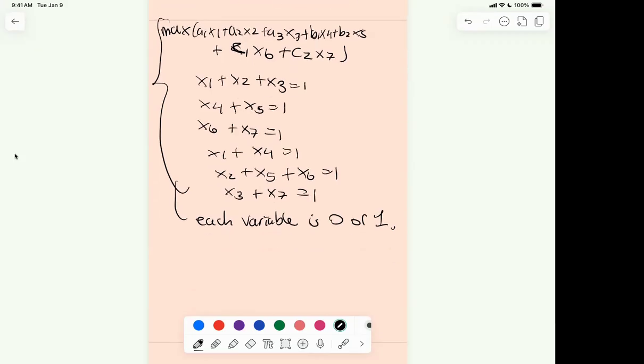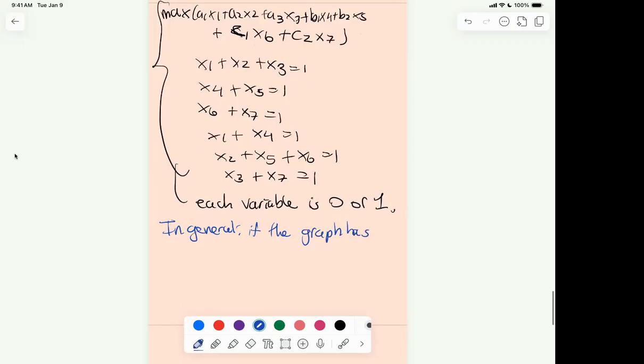In general, if the graph has n edges, then there are n variables. So n is equal to 7 in our case, right?